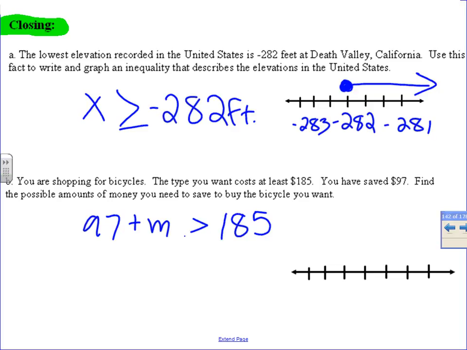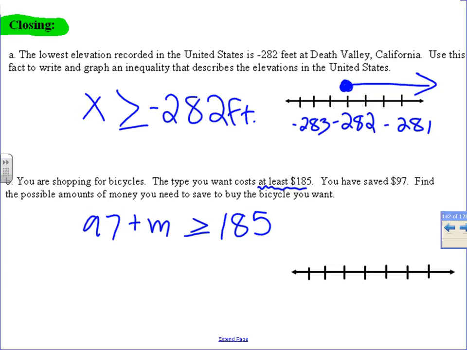So it should be greater than or equal to because it costs at least $185. You may also set this up as M or X is greater than or equal to 185 minus 97. You may also set it up as M plus 97 is greater than or equal to 185. So there's a lot of ways to set that up.